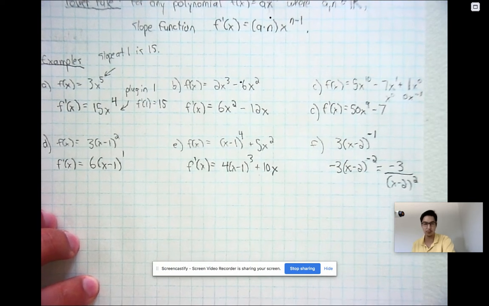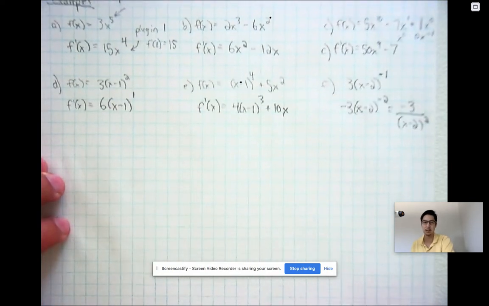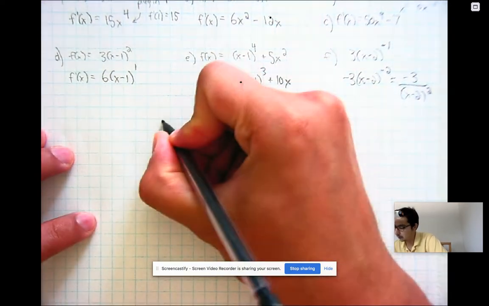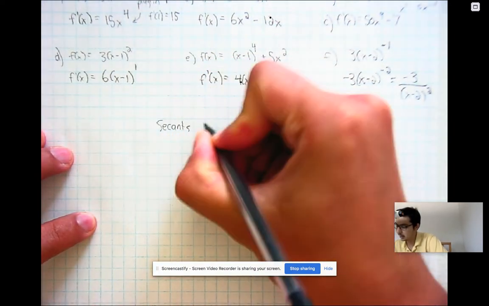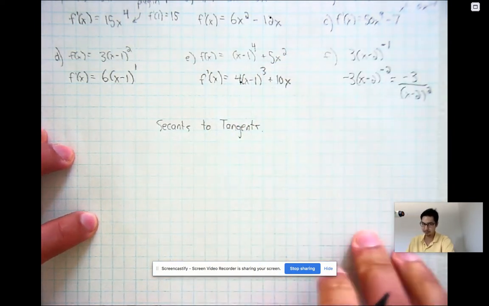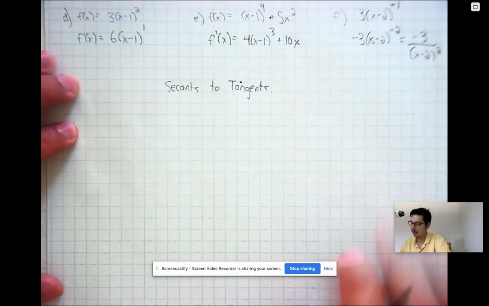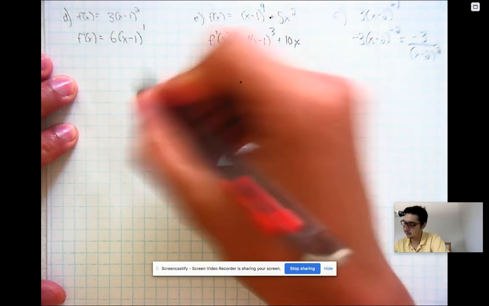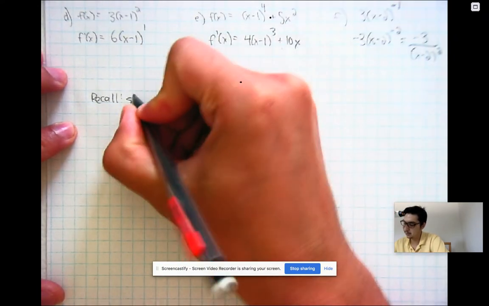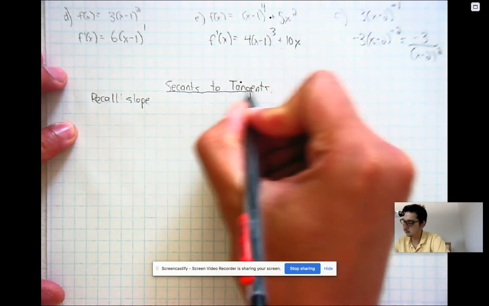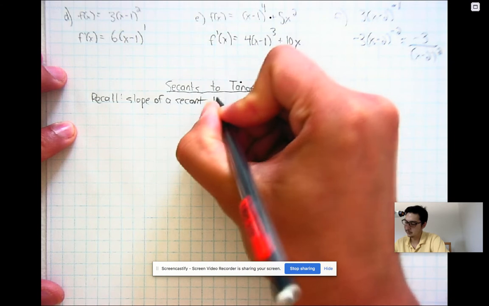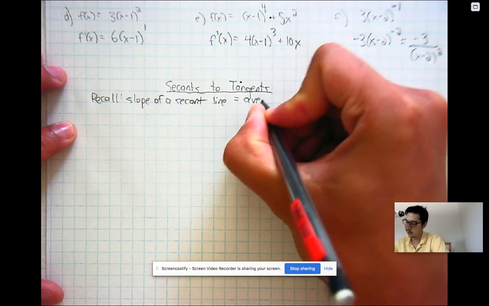But now we get to the real meat of this chapter and a real big part of calculus, and that's going from secants to tangents. Now remember, and I'll explain this in a second, that the slope of a secant line is the same thing as its average rate of change.